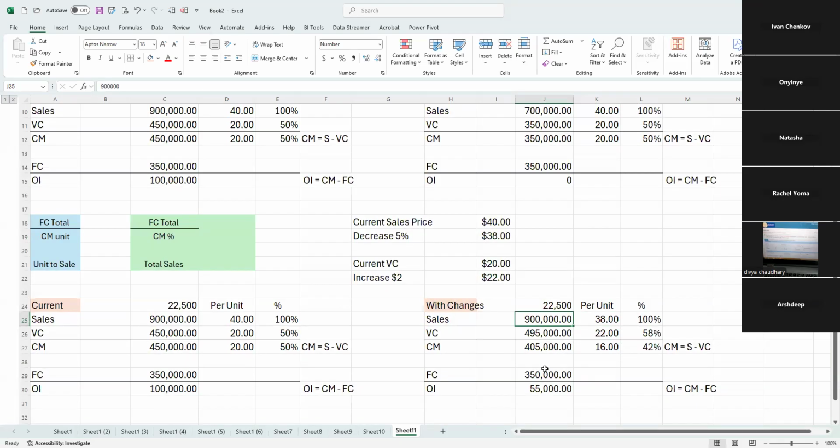My sales: 38 times 20,000 units. Variable cost: 22 times 20,000. That will be 360,000 variable cost. 350,000 is going to stay my fixed cost, right? So what happens with my operating income? It is going down 10,000.